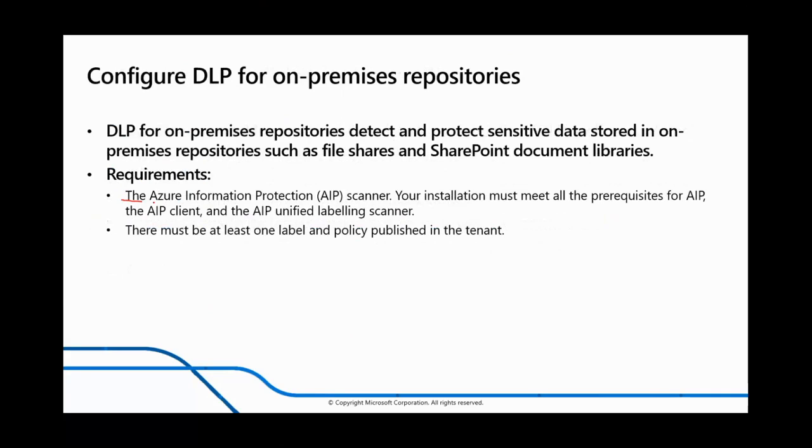The Azure Information Protection Scanner should be considered and installed, and this installation must meet all the prerequisites for Azure Information Protection, for example, the client and the Azure Information Protection Unified Labeling Scanner. Then there must be at least one label and one policy published in the tenant to be able to use it and extend it in our on-premises repositories.